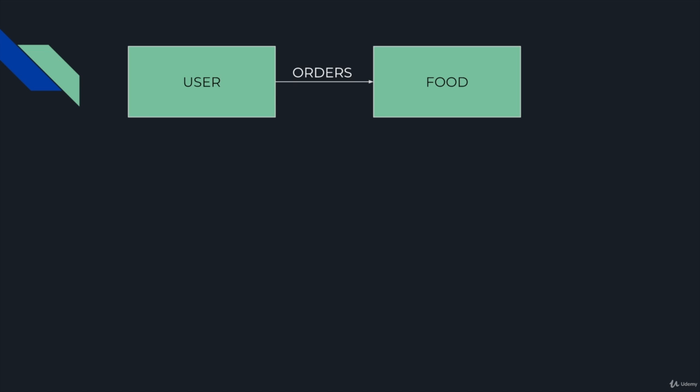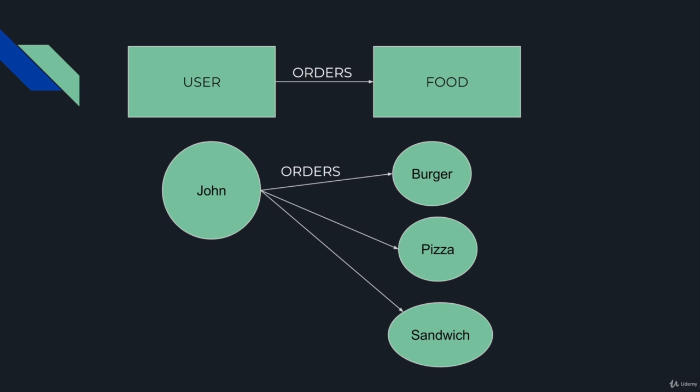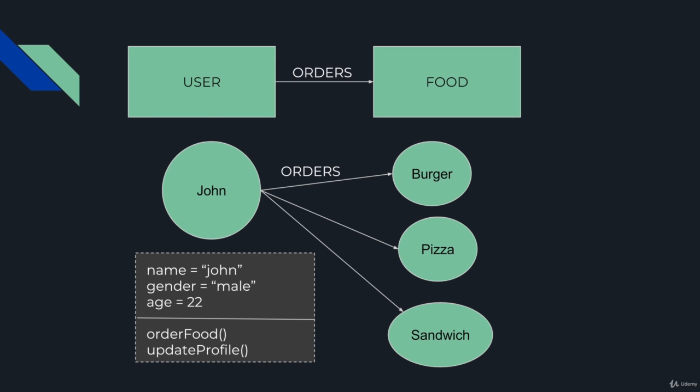We'll take the first scenario, which is the user orders food. Here the user can be any user. Let's for example take a user John. He can order different kinds of food, which is burger, pizza, or a sandwich. In programming, John will be nothing but an object that has a certain state and behavior.